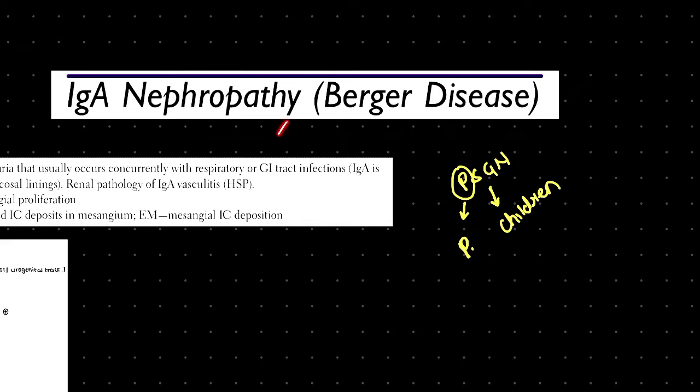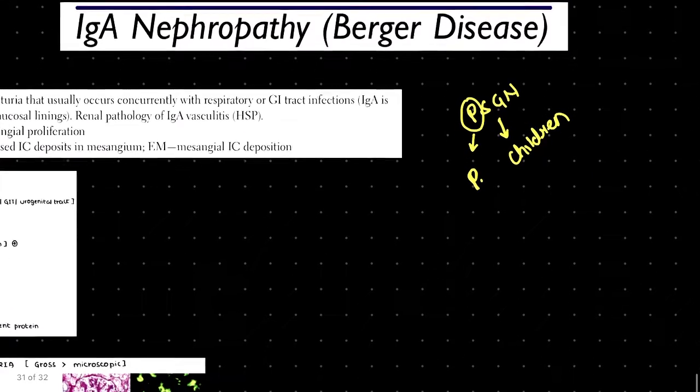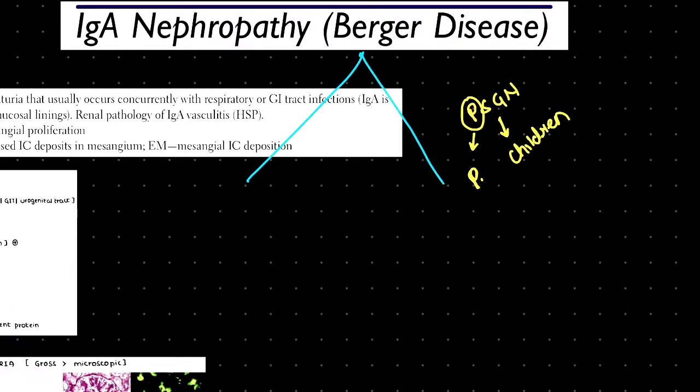Now, there are two types of this Berger's or IgA nephropathy. According to the manifestation, we can say it is of two types: the first one is primary and another is secondary. In the primary type, there will be the involvement of only the kidney.